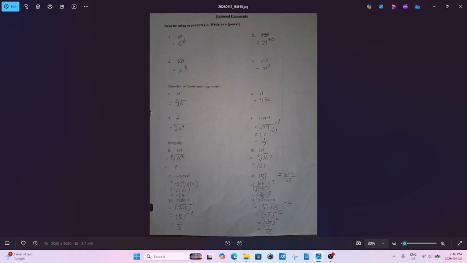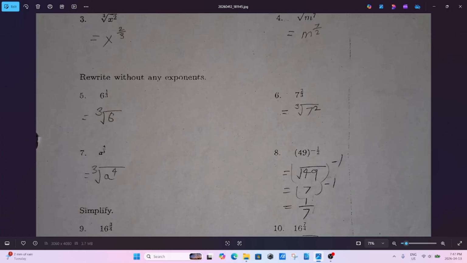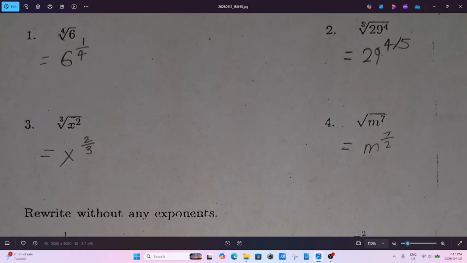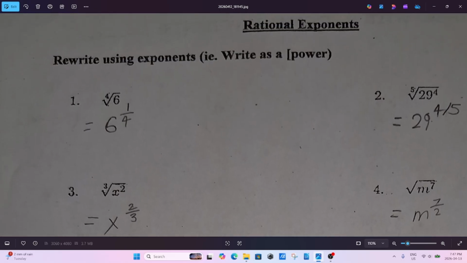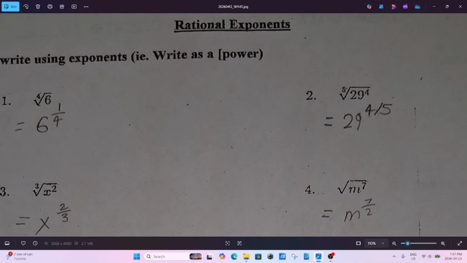Rational exponents, we write using exponents. For example, write as a power. So question 1, the fourth root of 6 is just 6 to the exponent 1/4. Question 2, the fifth root of 29 to the exponent 4 is just 29 to the 4/5.